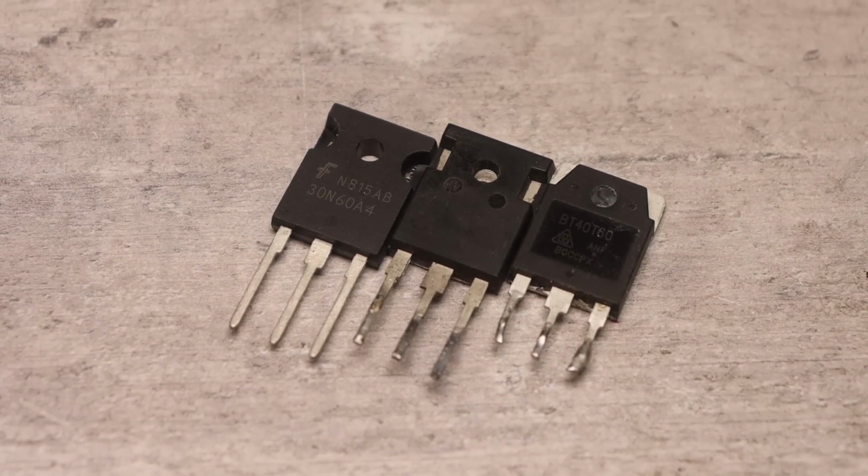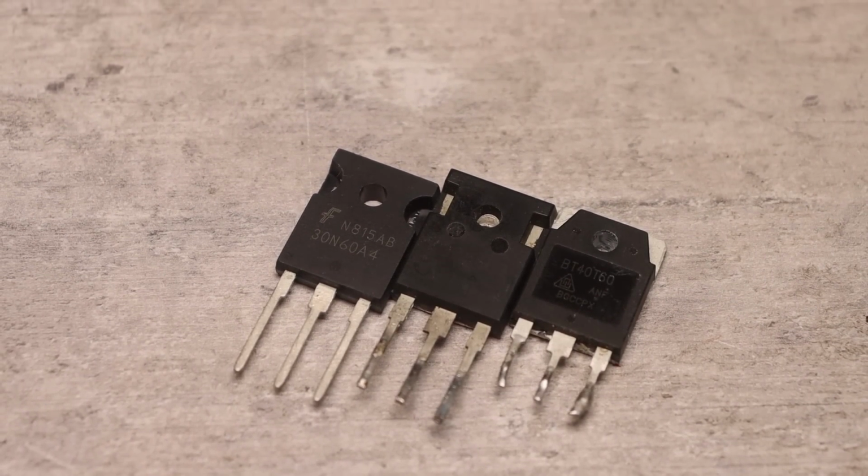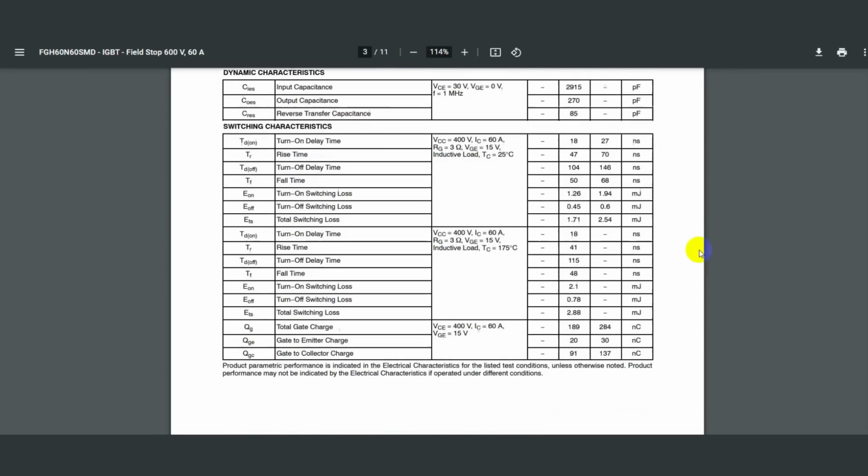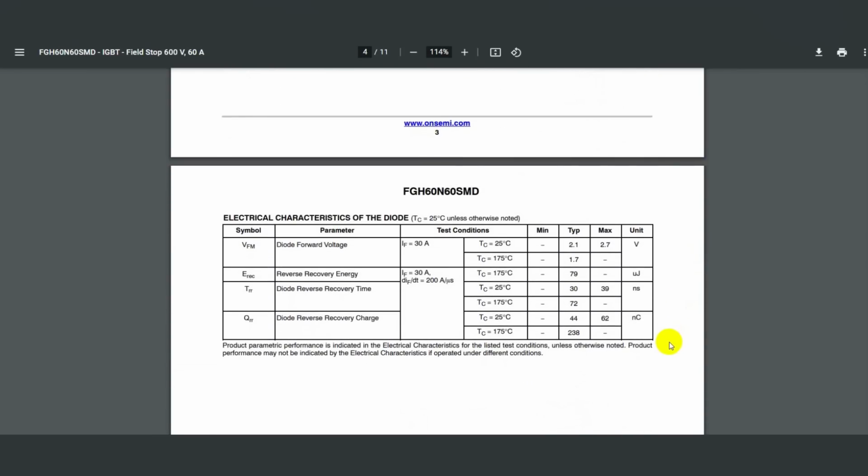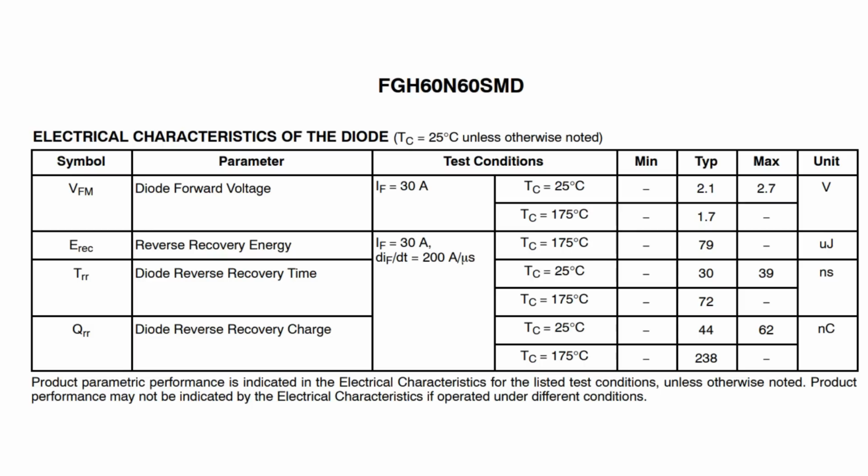So, if the IGBT has a built-in diode, then its characteristics are important, which manufacturers also indicate. This diode has a reverse voltage, current and turn-on time, just like the crystal of the transistor itself.